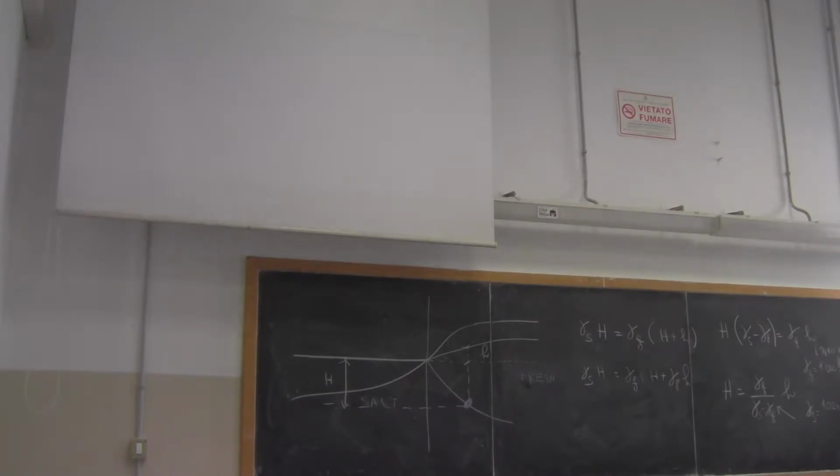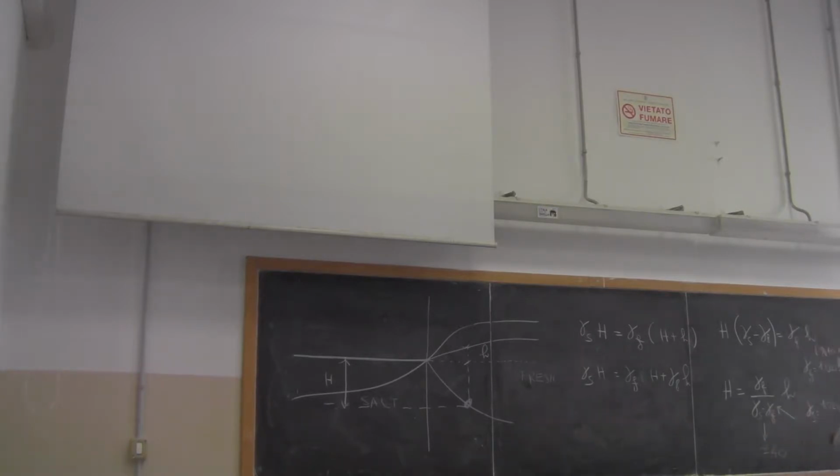Okay, now what is the result? If we compute this ratio here, it's 1000 divided by 24, which is about 40. So this is the result of this ratio here. It's about 40.